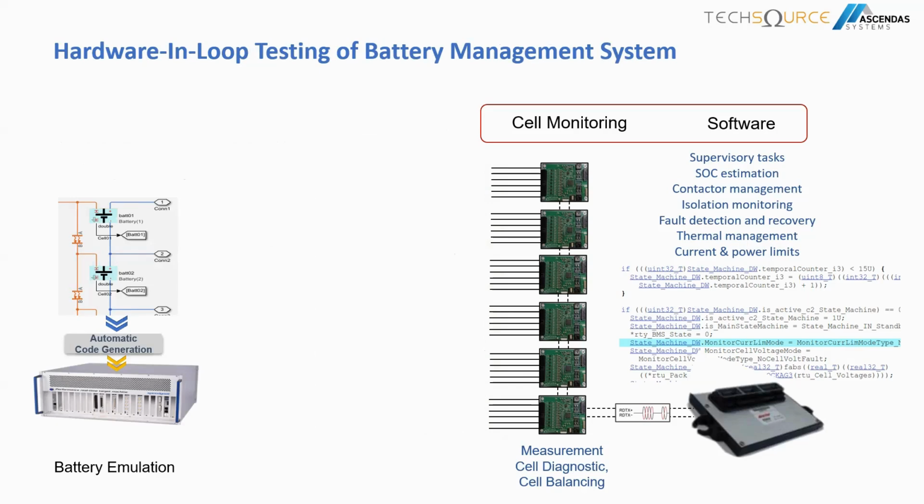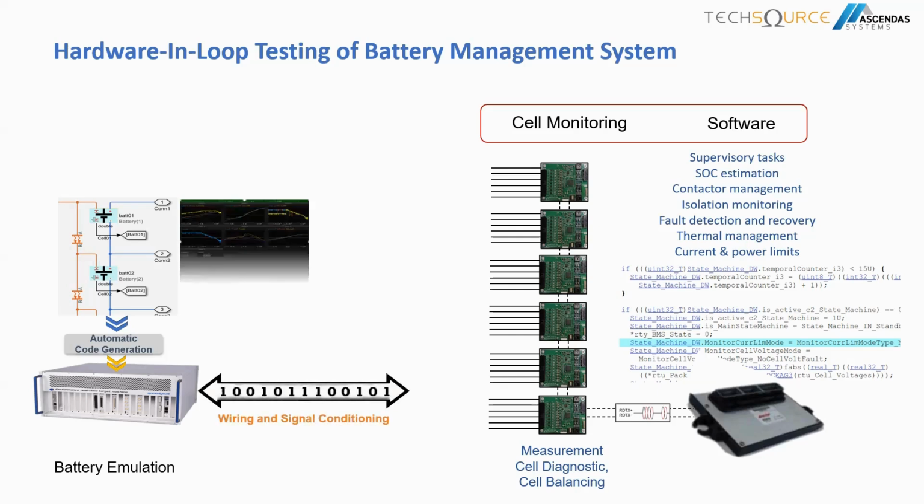This bridges the gap between desktop simulation and real-time integration for validation. You are able to execute these models in real time to emulate cell dynamics for the batteries using, for example, a Speedgoat real-time system.